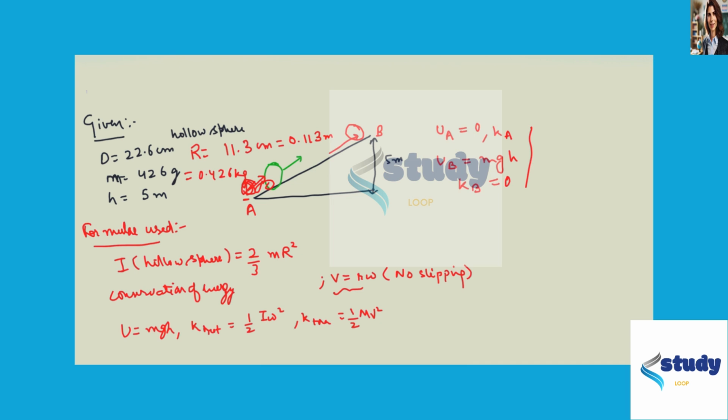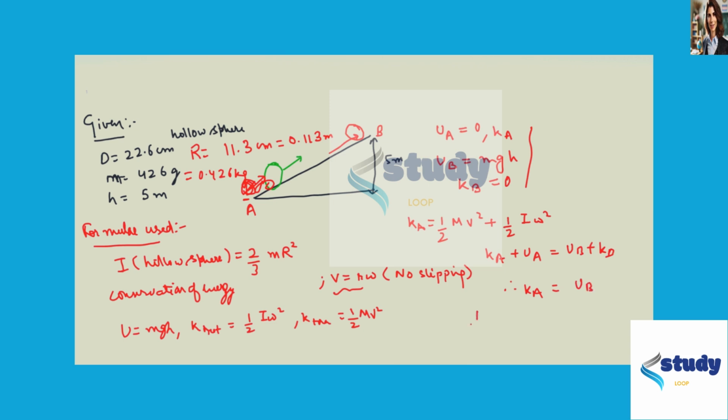Now coming to K_A, we have half mv squared, which is the translational kinetic energy, plus the rotational kinetic energy, which should be equal to, since K plus U_A equals U_B plus K_B, therefore K should be equal to U_B.